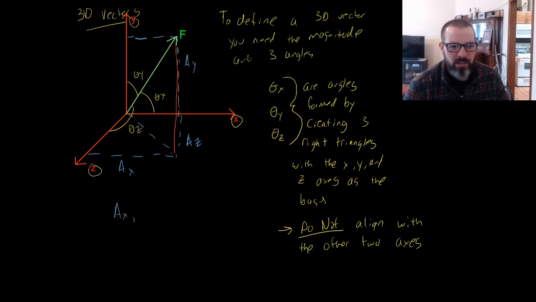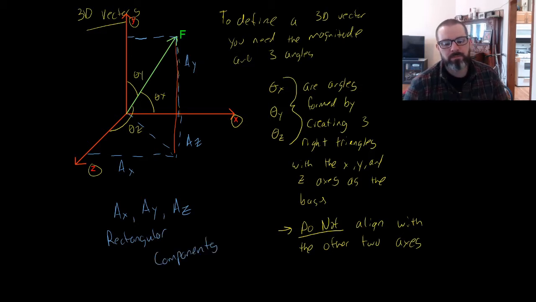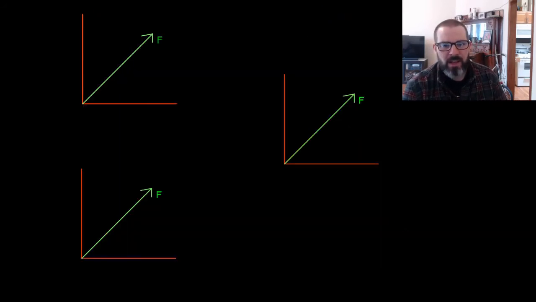AX, AY, and AZ are the rectangular components of the force vector. Now, just to make things absolutely clear, this is the same force vector, right?